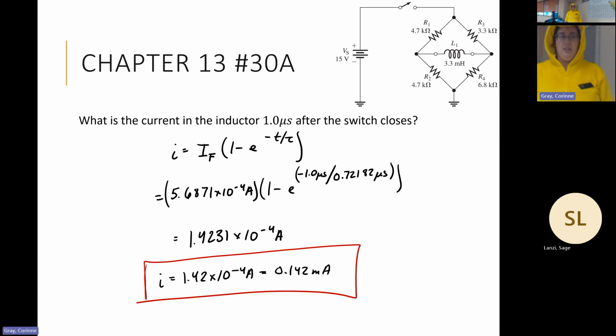It is possible I plugged it in wrong. So is your tau the same? Yeah. Okay, so what did you guys end up getting? We got 0.4264 milliamps. The final we got was 0.56870 milliamps.